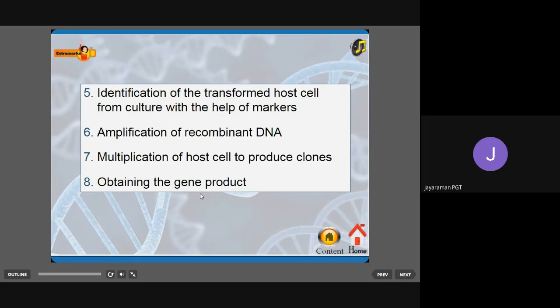So before doing many tests and analyses, we have to make enough copies from the single DNA fragment, billions of uncountable copies. PCR is used for this amplification of recombinant DNA. That is new here. Remaining points we already discussed, except the first point and the last, steps 6, 7 and 8, which we are going to discuss.